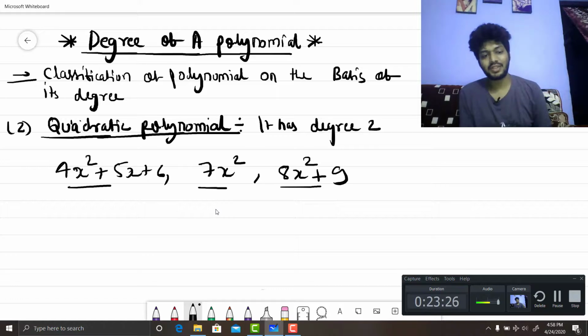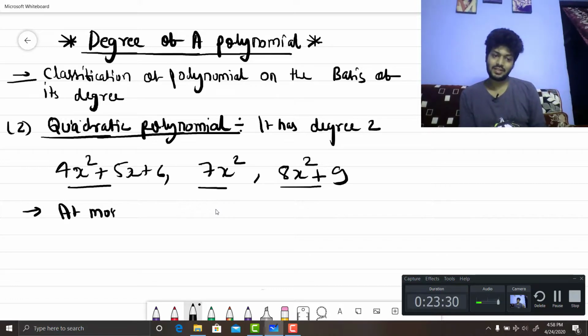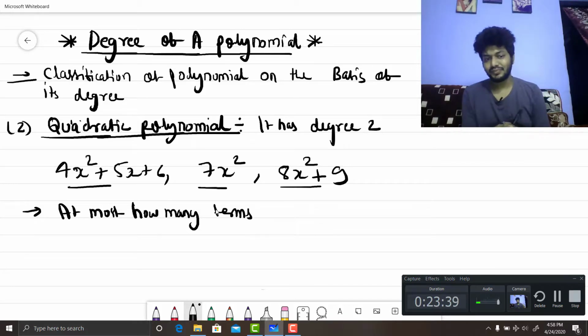Now again the same question I'll repeat to you: at most, how many terms can you get? So again, first we write the term that defines the quadratic polynomial. Let us suppose it's any number, 5x square. Now we can't add any term with a degree higher than that, so we'll add another with a degree lower than this.